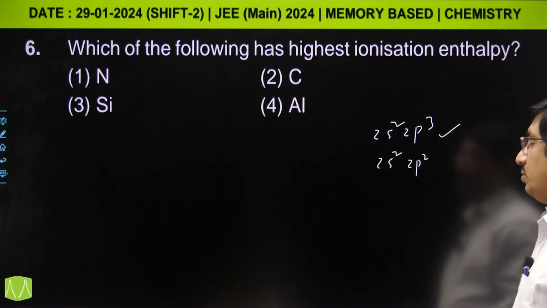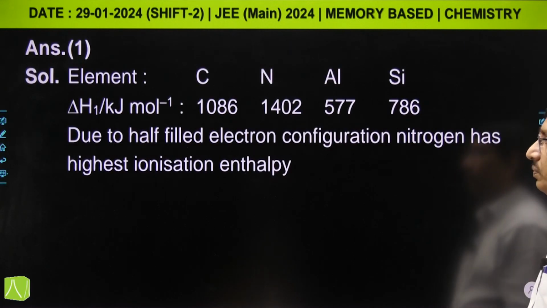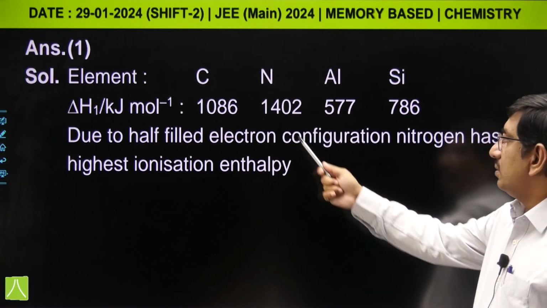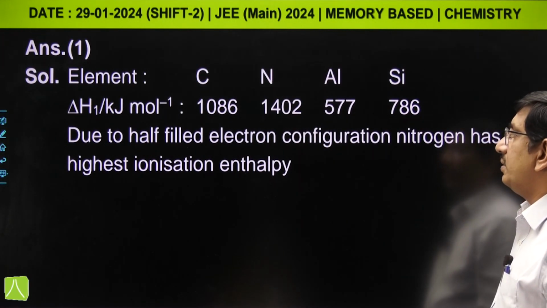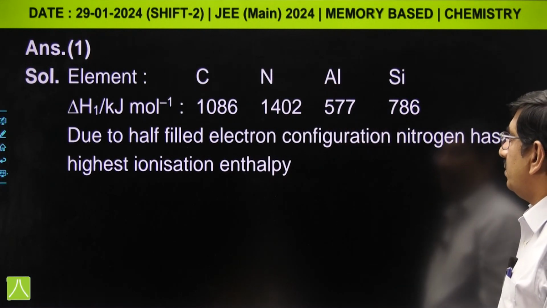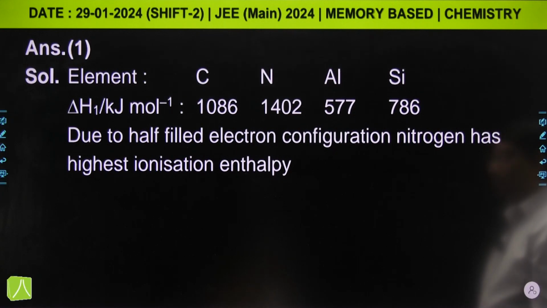So, nitrogen shows highest ionization enthalpy in the given options. So, you can see the ionization enthalpy values, that is for carbon it is 1086 and for nitrogen 1402, for aluminum it is 577 and for silicon it is 786 kilojoule per mole.